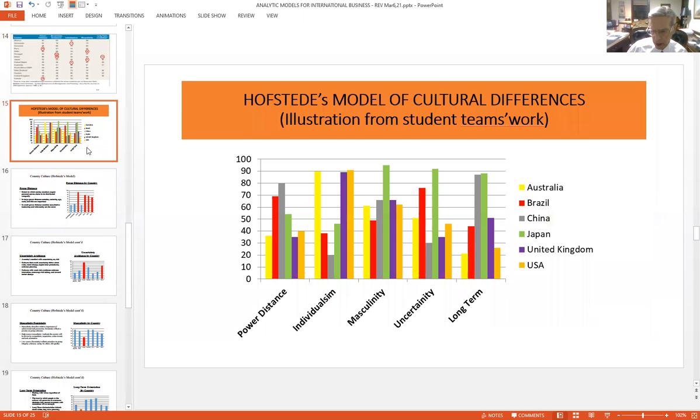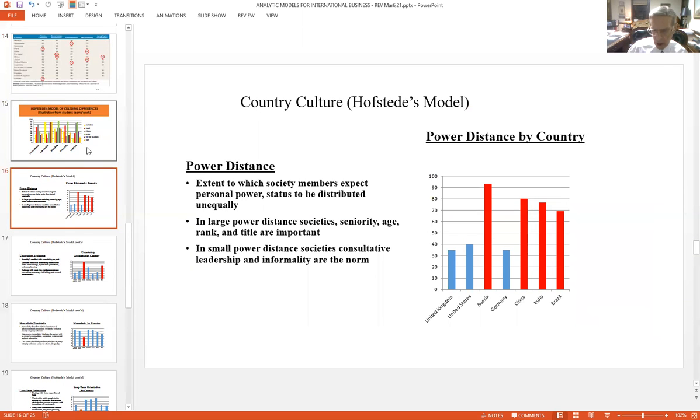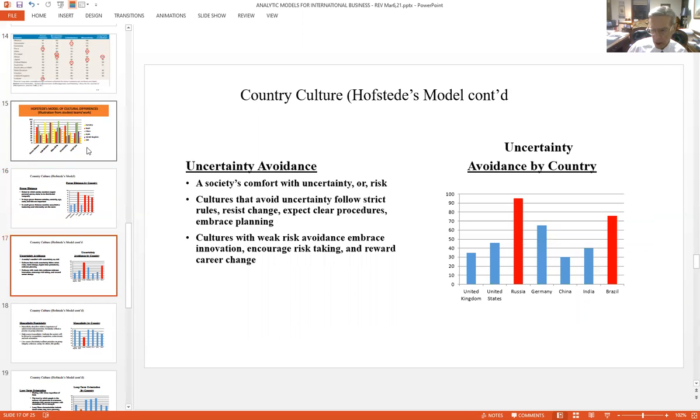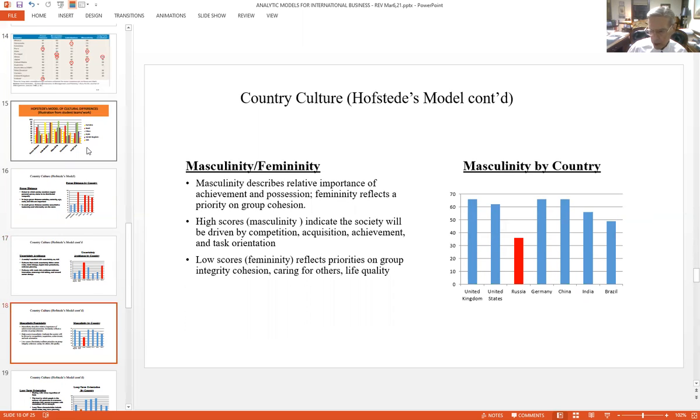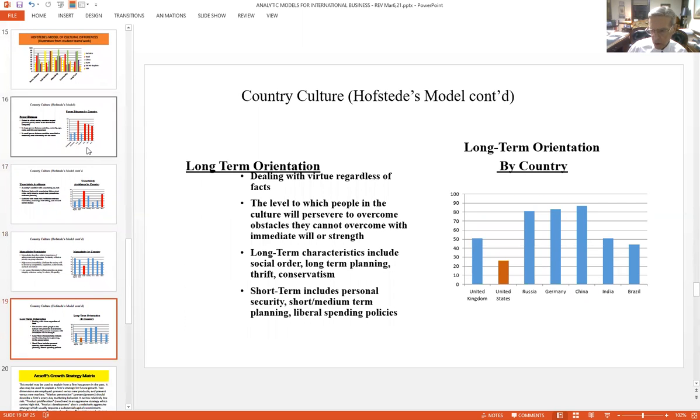Here we're looking at all the countries and all the ratings. Here we're looking at all the countries and just one rating and another. You can see that Russia, in this case, was picked up as having low risk tolerance. Rather interesting. Masculinity versus femininity, long-term orientation.